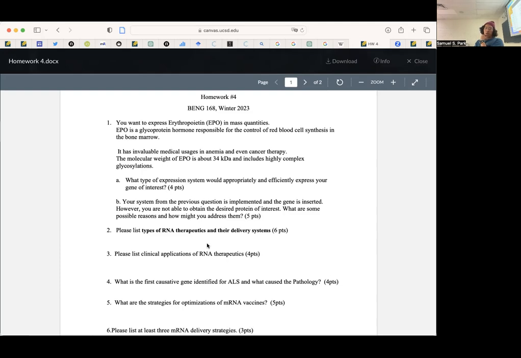So it has invaluable medical usage in anemia and even cancer therapies. The molecular weight of EPO is about 34 kilodaltons and includes highly complex glycosylation. So that's what we're talking about, the sugar trees on the protein, the glycosylation.